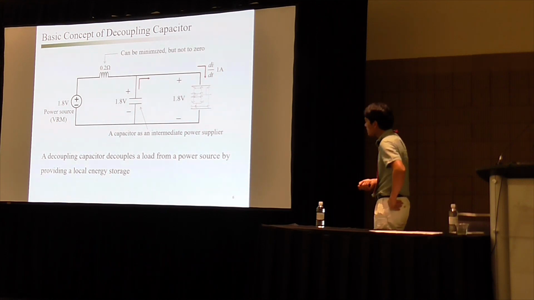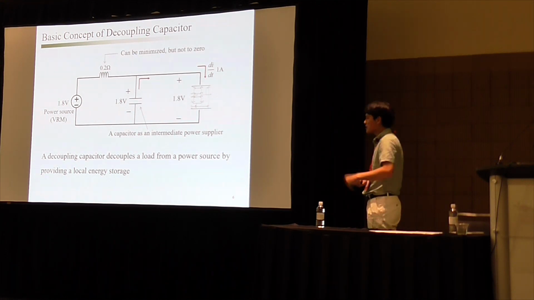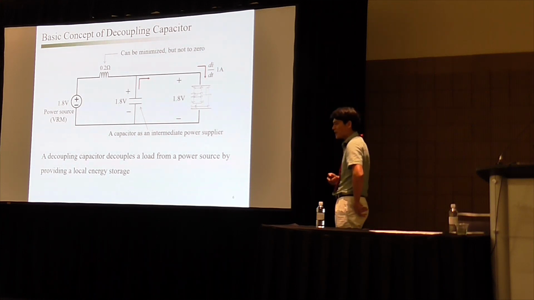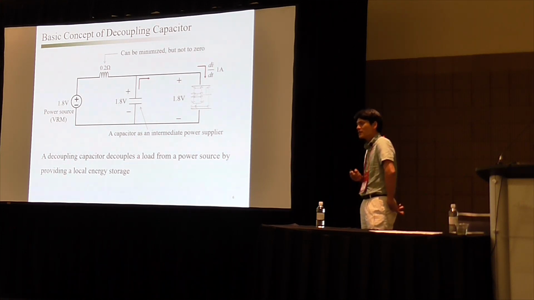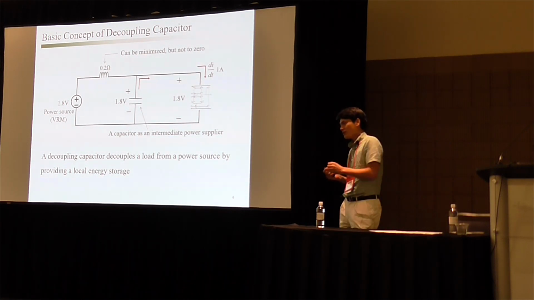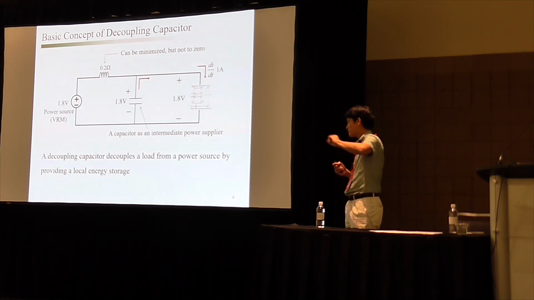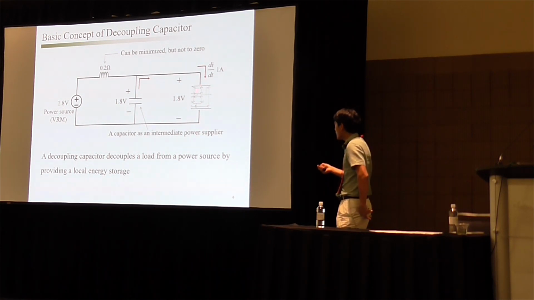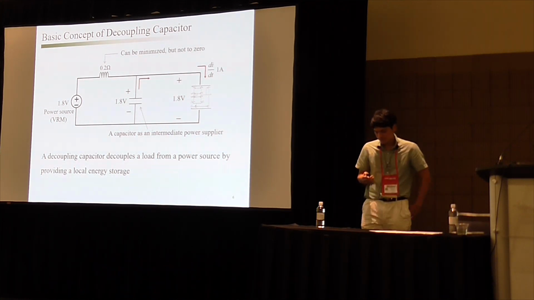So we may say this capacitor actually decouples a load from this power supply voltage, right? So that's what decoupling capacitors do. It can decouple this load in your circuit from the external power supplier. So we can provide more stable power or voltage to the internal circuit.